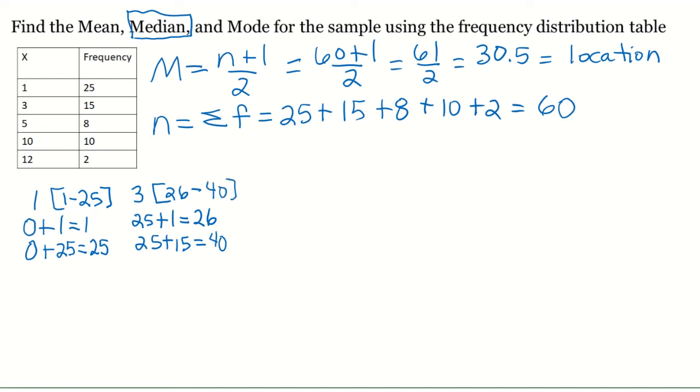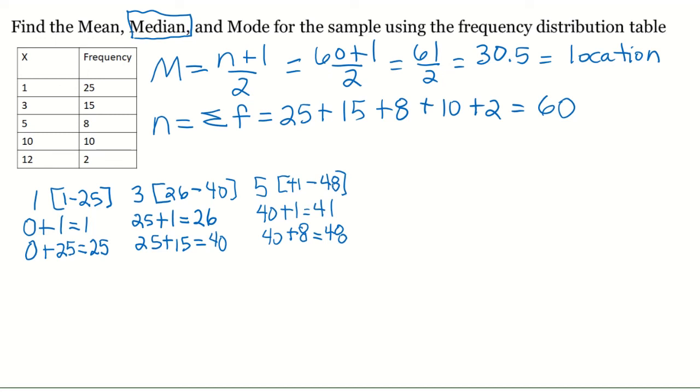And then I'm going to do the same with my 5. I'm going to take that 40 and add 1 to get my lower boundary. And then I'm going to take 40 and add it to the frequency of 8 to get my upper boundary, which will be 48.